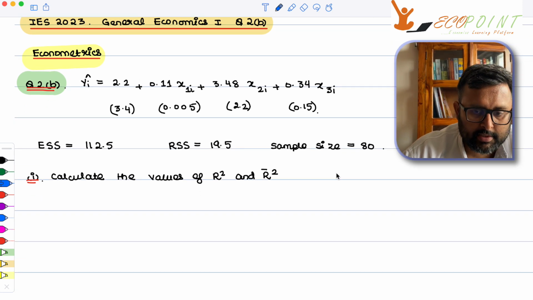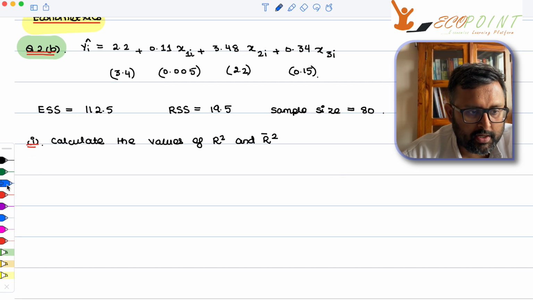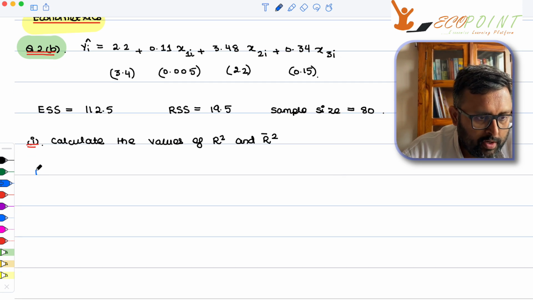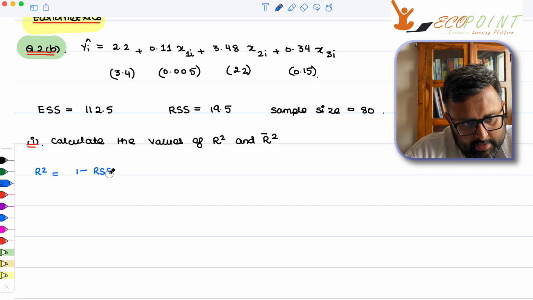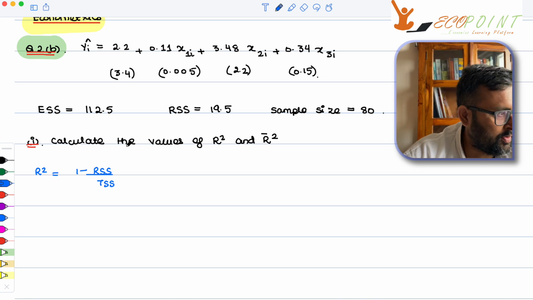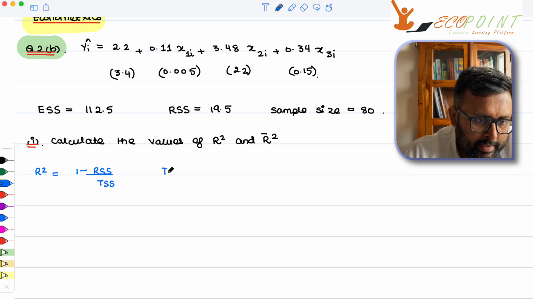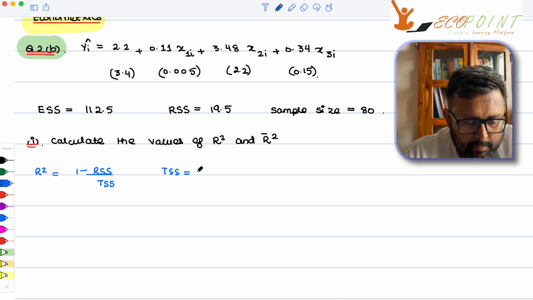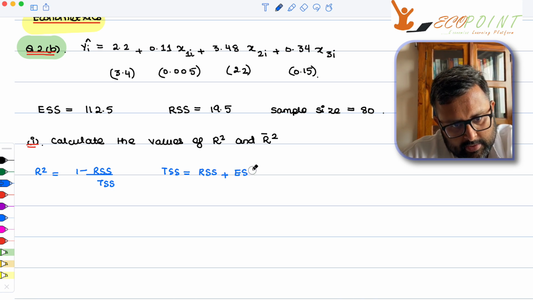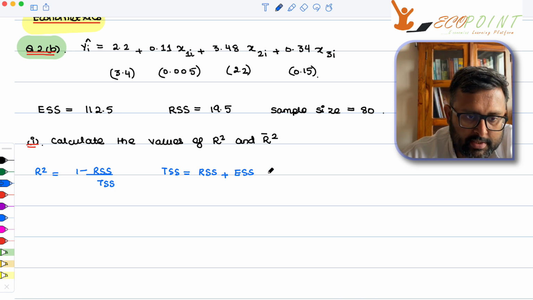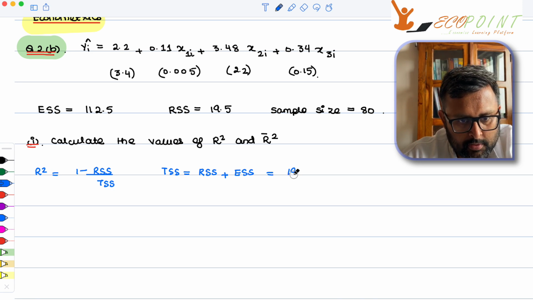The first part says calculate R square and R bar square. So what is the formula for R square? R square is 1 minus RSS upon TSS, right? Total sum of squares is RSS plus ESS. Residual sum of squares plus explained sum of squares.